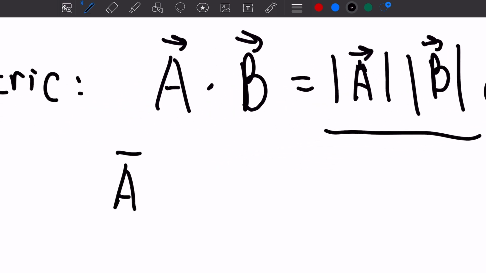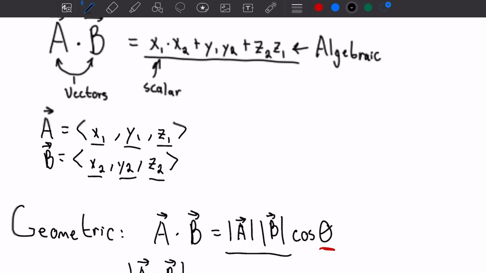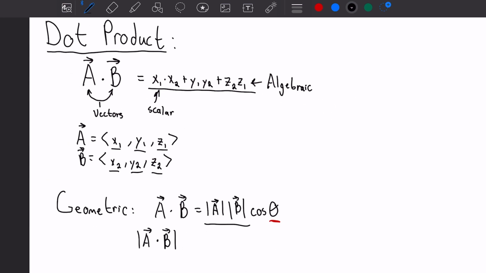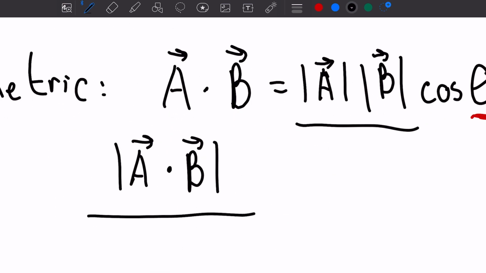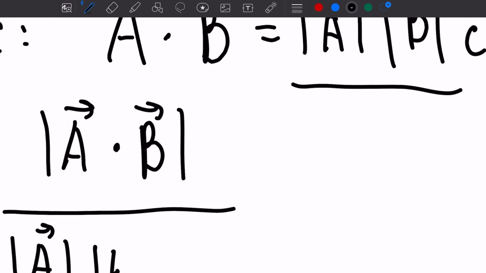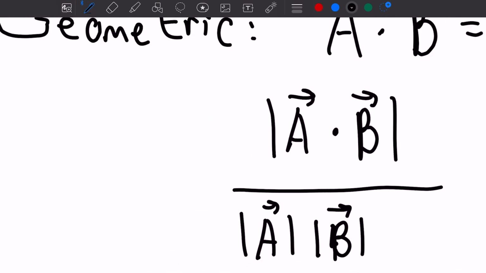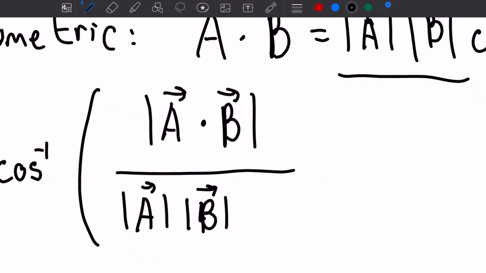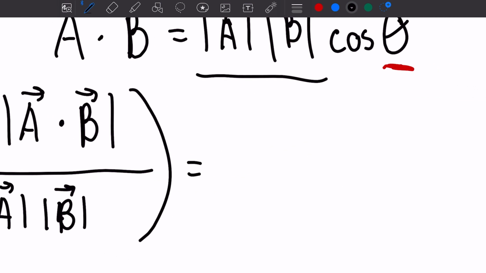So we would have a dot b, the dot product, this algebraic version from up here again, over the magnitude of vector A times the magnitude of vector B. And we are going to take the inverse cosine of this, and that will give us our theta value.